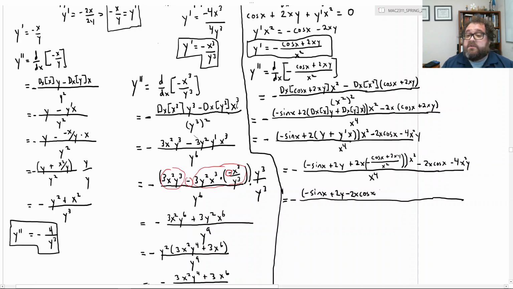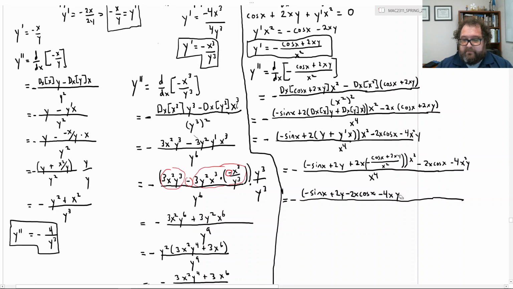And then we have 2x times negative 2xy. So that's what? Minus 4x squared y. Let's double check that. We have 2x times negative cosine x. Oh, you know what? I have to erase that because I didn't multiply by the appropriate denominator as well.